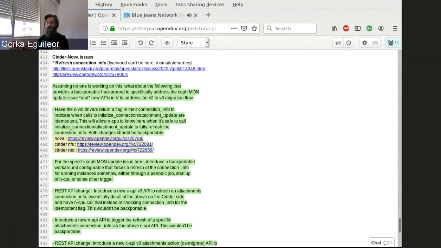What I did a couple of years ago was to just reattach it again. But that's useless if it's a boot volume. If it's not a boot volume, you have the volume attached, but probably you're not using it because you're referring to the old one internally.